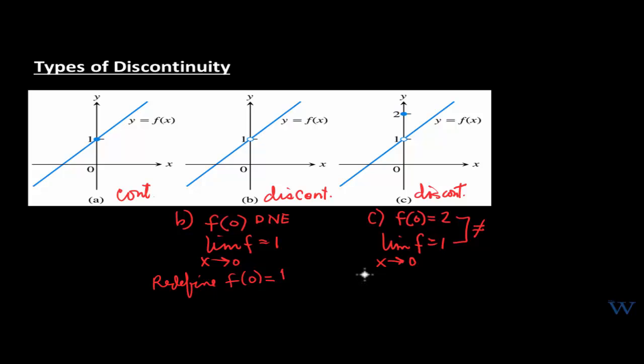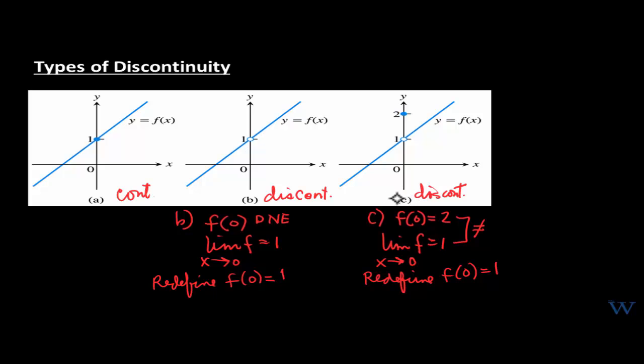And similarly here, we redefine a new function value at 0 and we say it's equal to 1. Then when that's the case, we can say that the discontinuity has been removed. So these two types of function, b and c, are functions which have removable discontinuities.